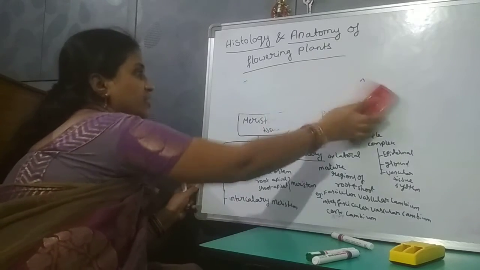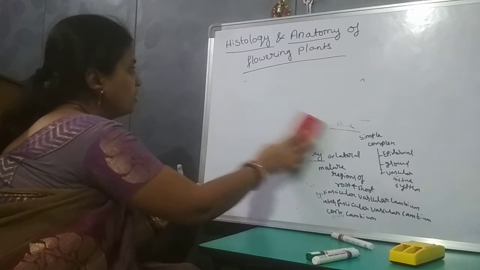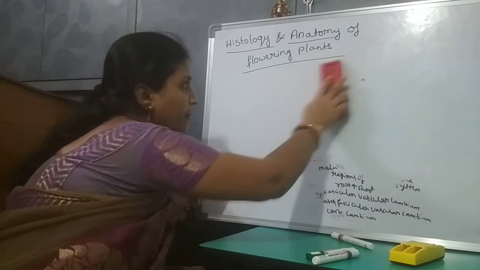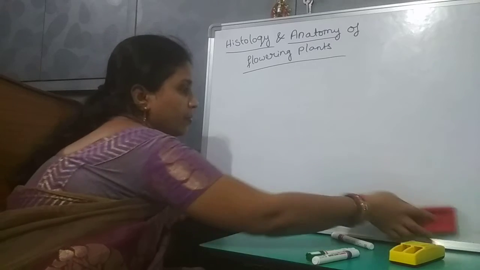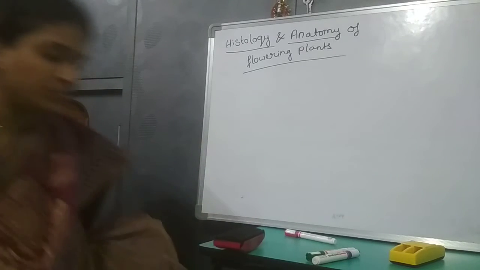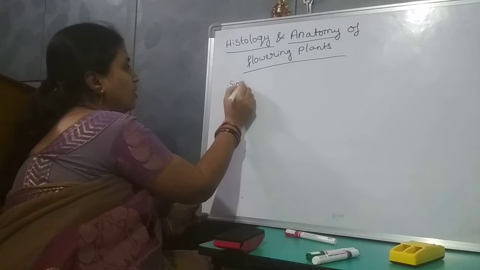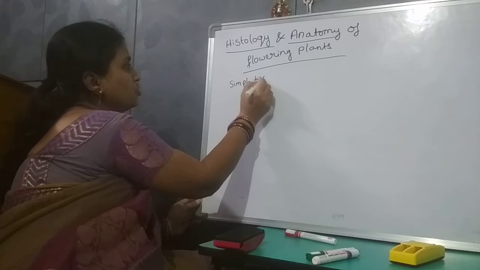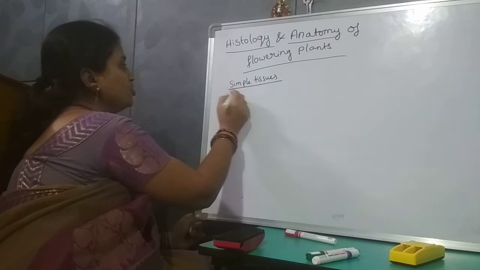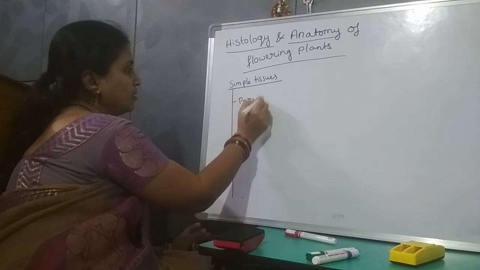Simple permanent tissues. In simple permanent tissues, three types of tissues are going to come. First is parenchyma.